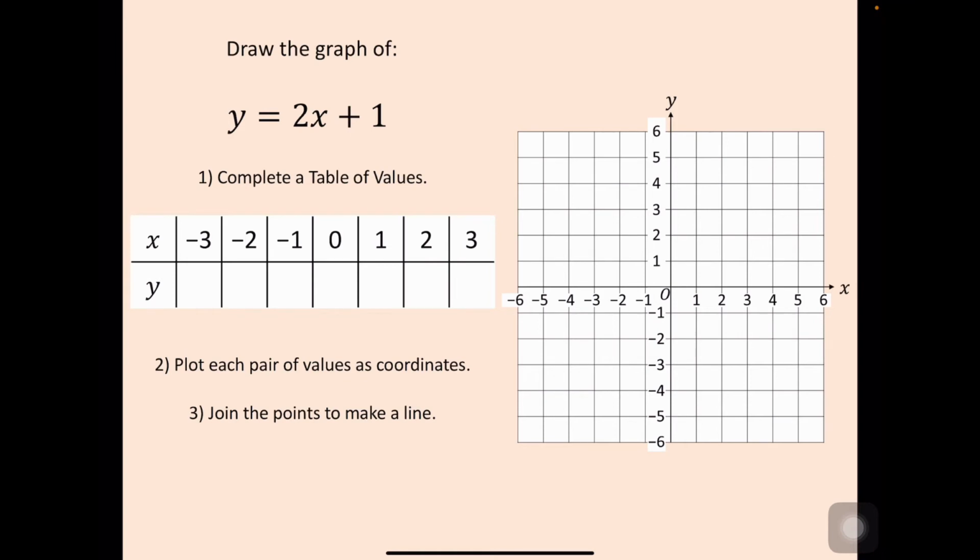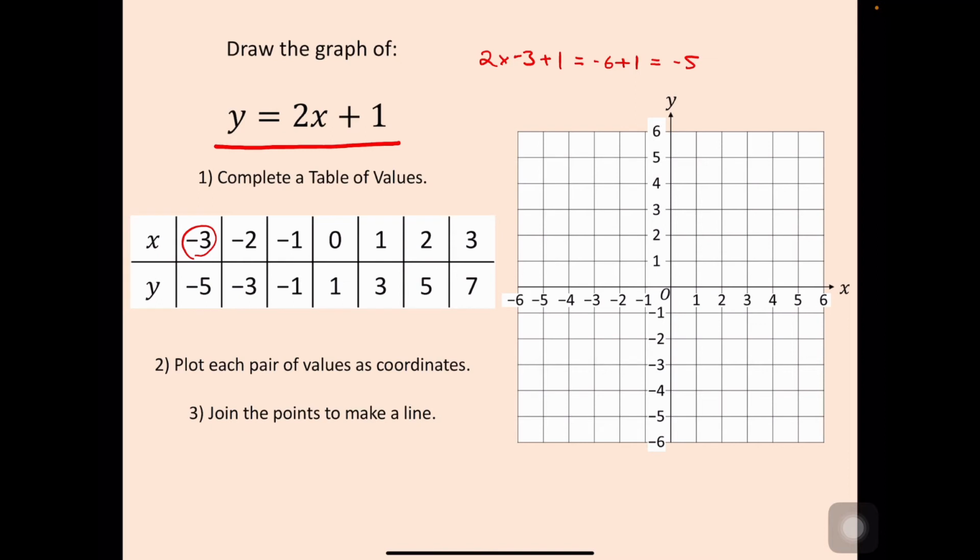So let's try to do it without using a function machine. We have our equation here, y equals 2 multiplied by x plus 1. Let's just substitute these values into this equation. -3, so 2 multiplied by -3 plus 1 is -6 plus 1, which is -5.